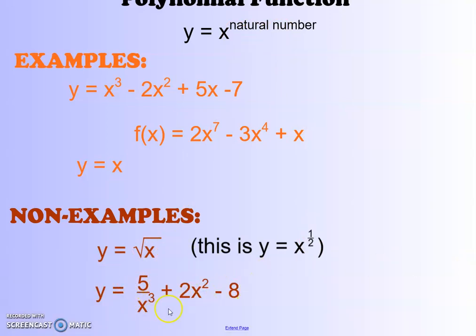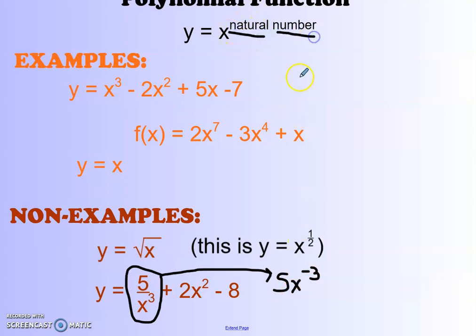Another non-example would be this, because we could rewrite this expression right here as 5 times x to the negative 3rd power, using negative exponents. Remember, a negative exponent flips a base. And negative 3 is not a natural number, so this would not be a polynomial function.